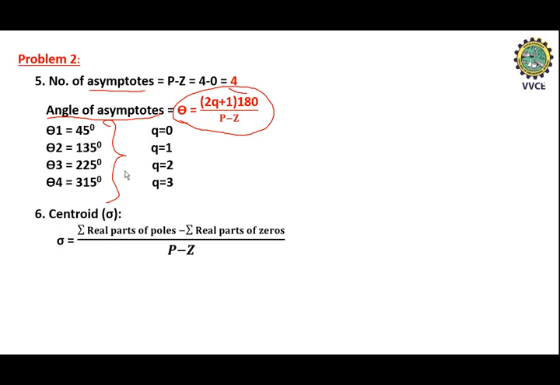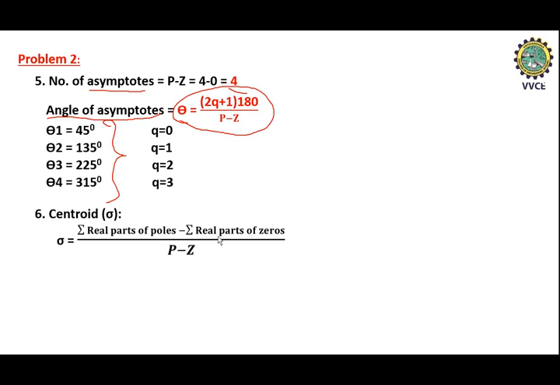You got all the 4 directions, but at some point they need to meet. So at the starting point of these asymptotes, all the branches are going to meet at some point. Starting from that point, you are going to indicate the direction. That point is called the centroid. That can be calculated using the equation: sum of real parts of the poles minus sum of real parts of the zeros.